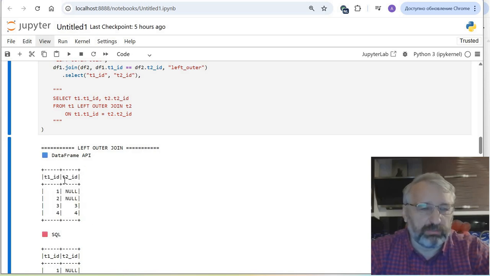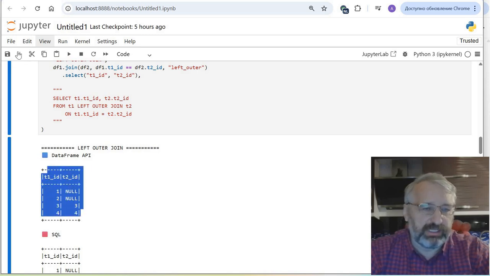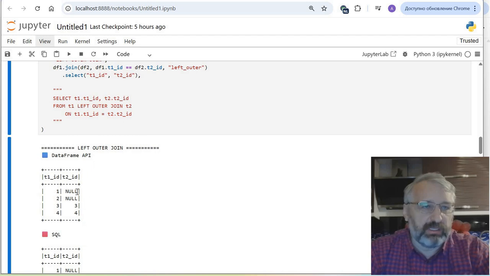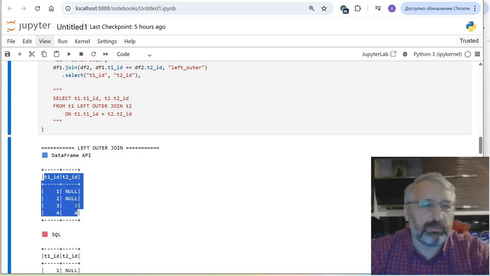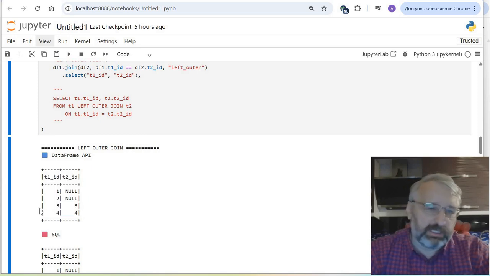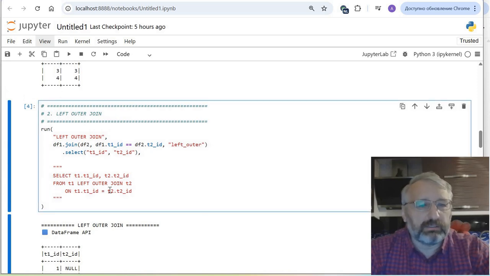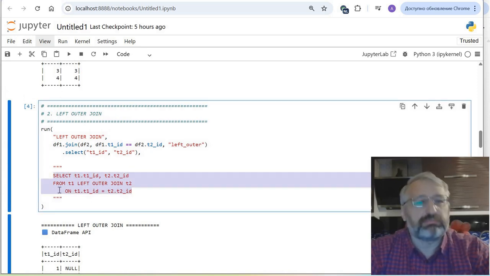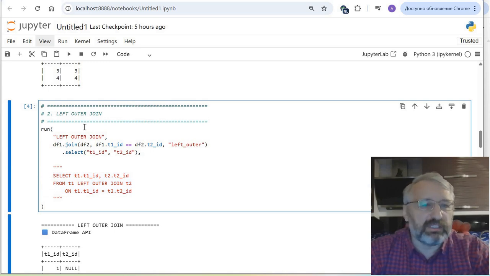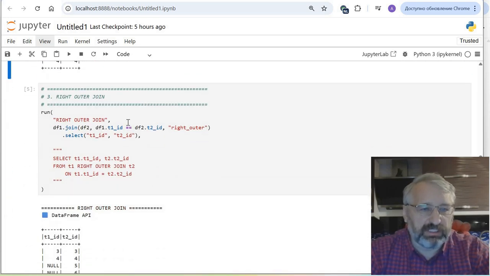We have all T1 IDs, and we get T2 ID from the second table, and those which do not match are nulls. This is called left join because we have the full table on the left and only those rows which are matched on the right. And this is the equivalent SQL syntax, and the results are the same.